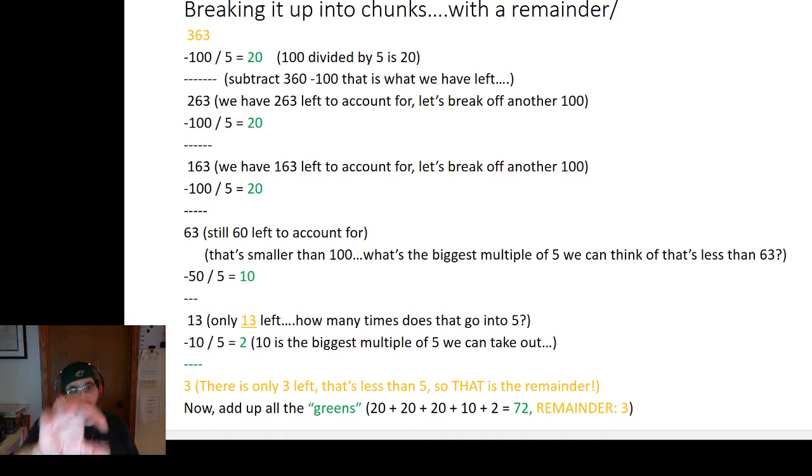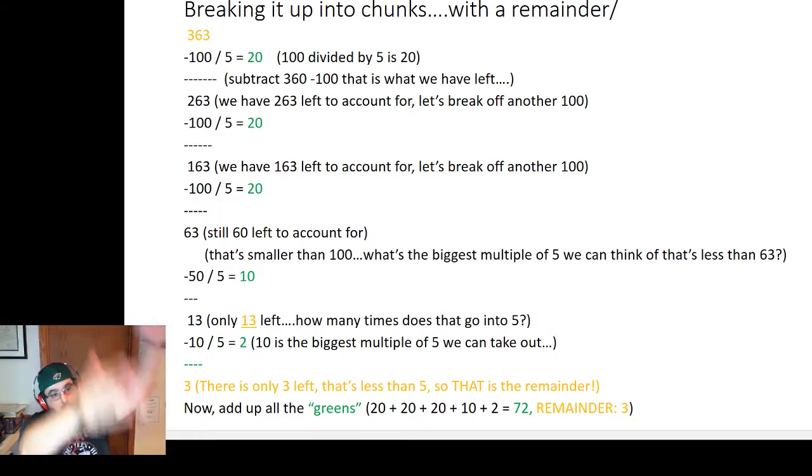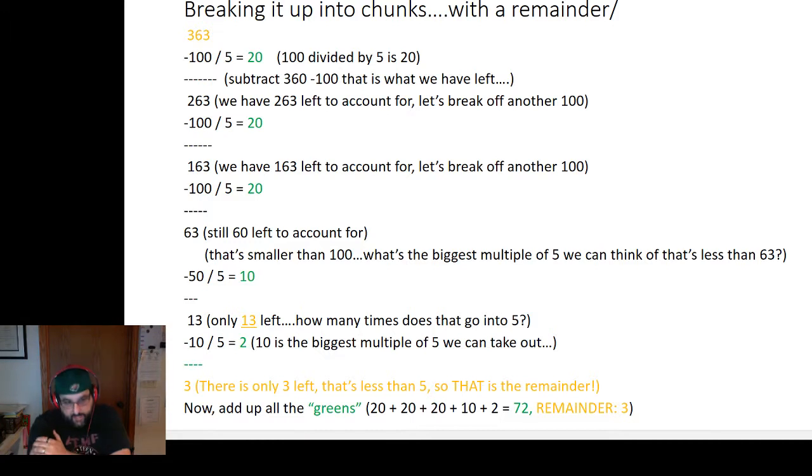So 63 minus 50 is 13. We write that down in our first column there. And then 50 divided by 5 is 10. So now in our green column, where we're eventually going to add up the numbers, we have 20, 20, 20, 10.